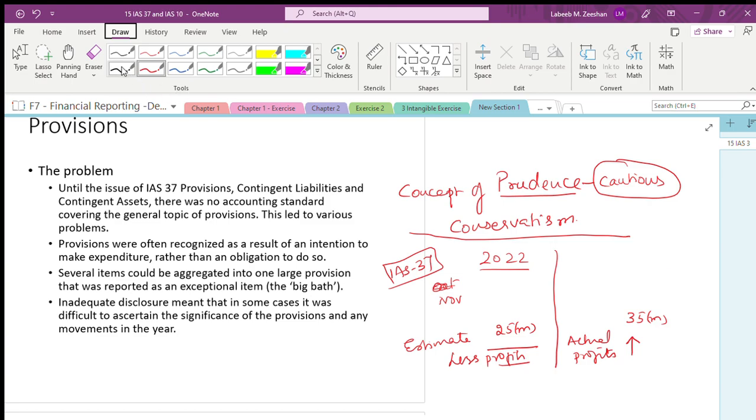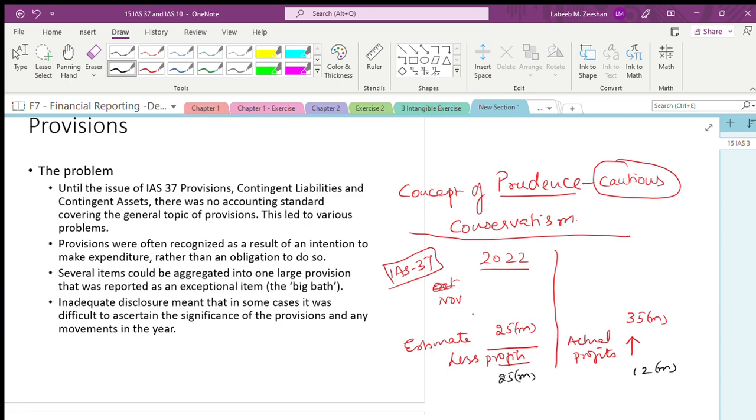But the problem comes when estimated profits are 25 million and actual profits are 12 million. People will question you about what wrong you have done.